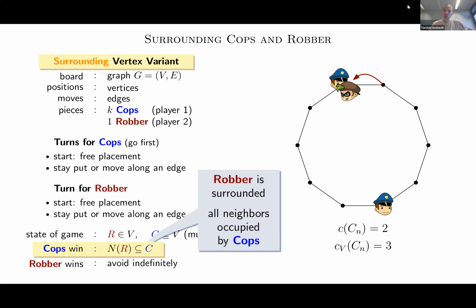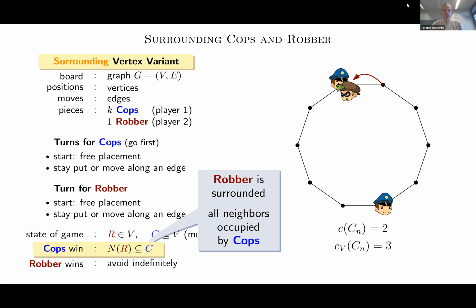This way you ensure to have some minimum distance to this cop, and this makes you never be surrounded by this cop, because this cop should have distance 1 to you. So if you maintain the minimum distance of at least 2, you will never be surrounded. And this other cop that you ignored, he alone cannot surround you because every vertex has degree 2.